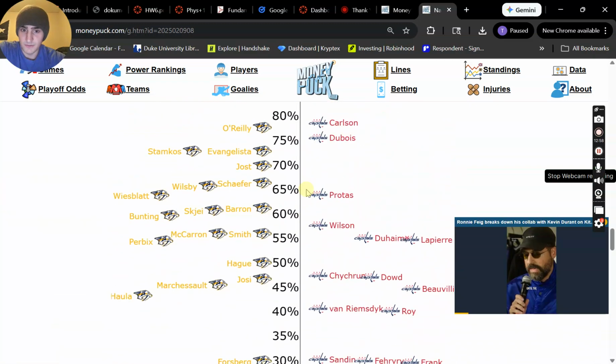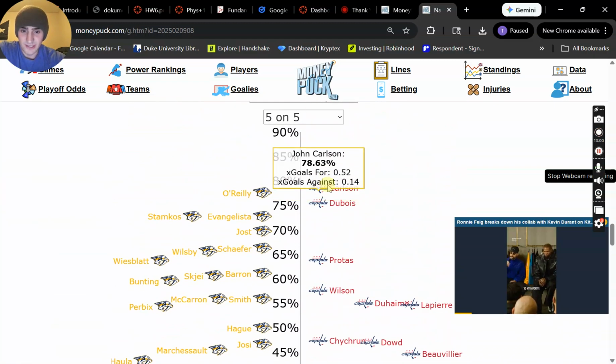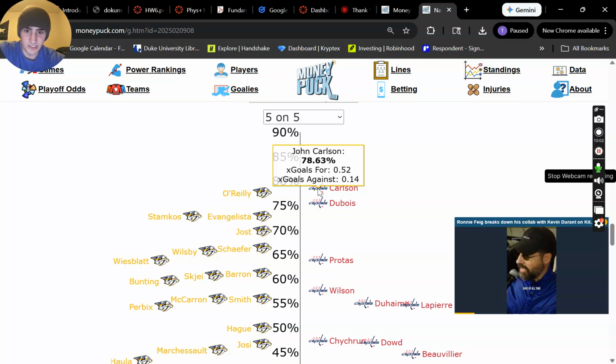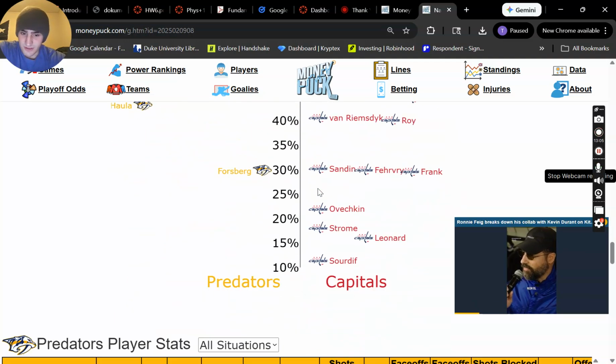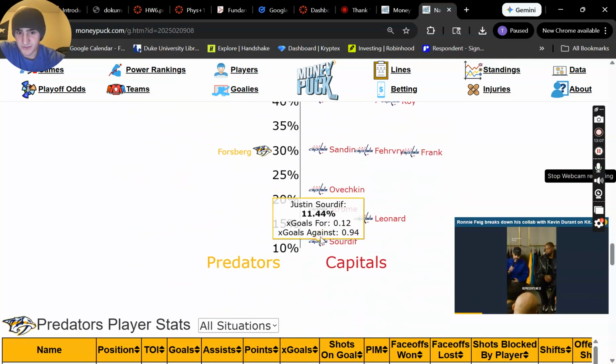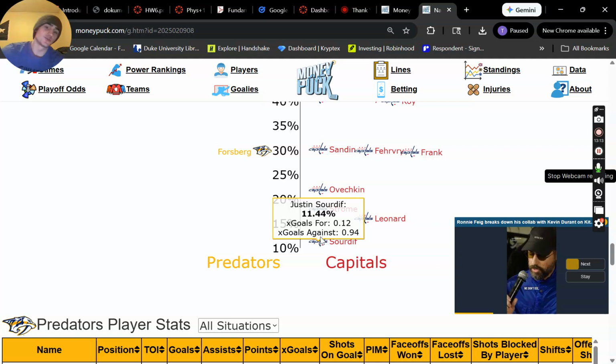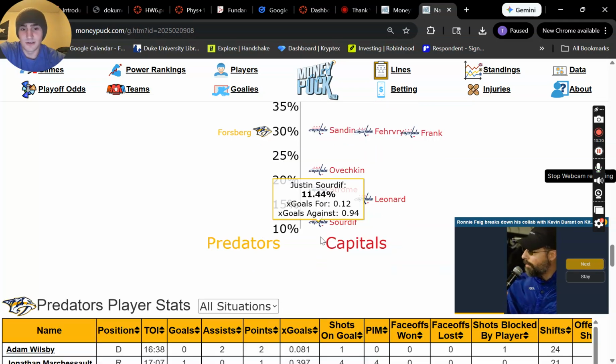And if you want to see how good a player did in the game, John Carlson had a good game on 5-on-5. And then you can see, yeah, this is a rookie, so they're going to have off games somewhat, especially on the expected goals against. If you're a forward and a rookie, you might not have the best defensive statistics, expectedly.